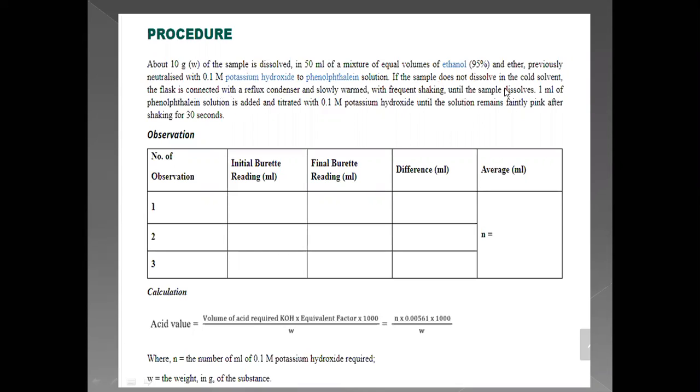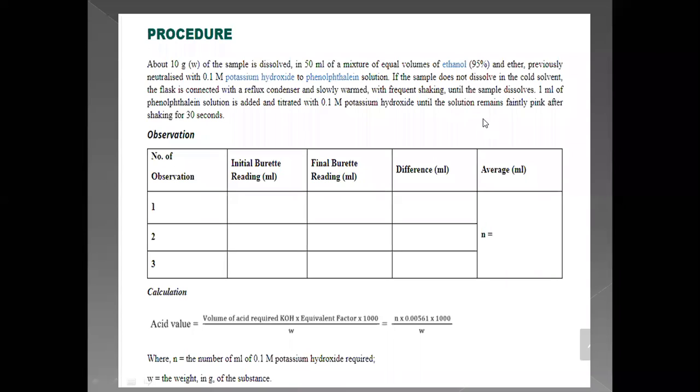and with frequent shaking we are titrating this mixture of solvent and acid lipid sample with 0.1 molar potassium hydroxide until the solution remains faint pink in color after 30 seconds.